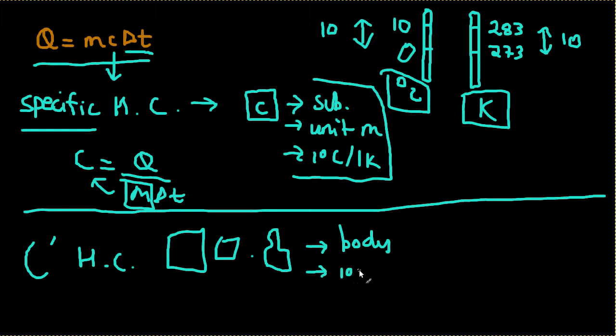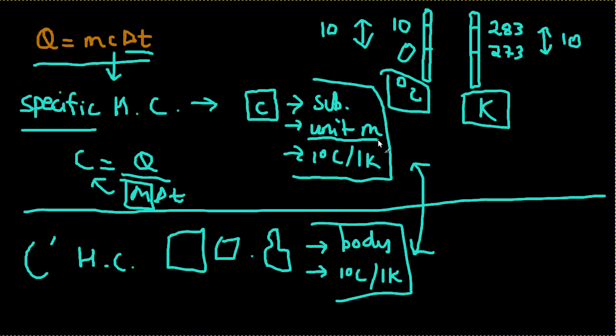Now compare these two. The only thing missing here is unit mass. And over here in heat capacity, we're talking about a body, not a substance. So if we say what's the heat capacity of copper, that's a wrong statement.